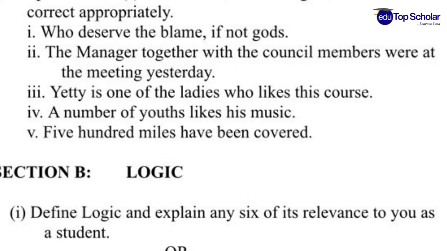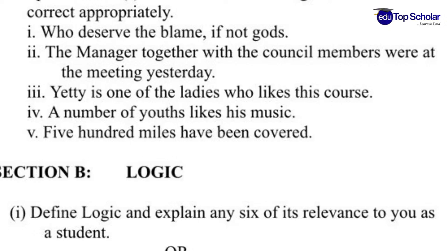Now, there are two clauses there. One is the subordinate clause, the other one is the main clause. All right. The main clause is Yeti is one of the ladies. Which ladies? Those ladies that like this course. Now, when you say some ladies like this course, you cannot say some ladies likes this course. Yeti is one of them.